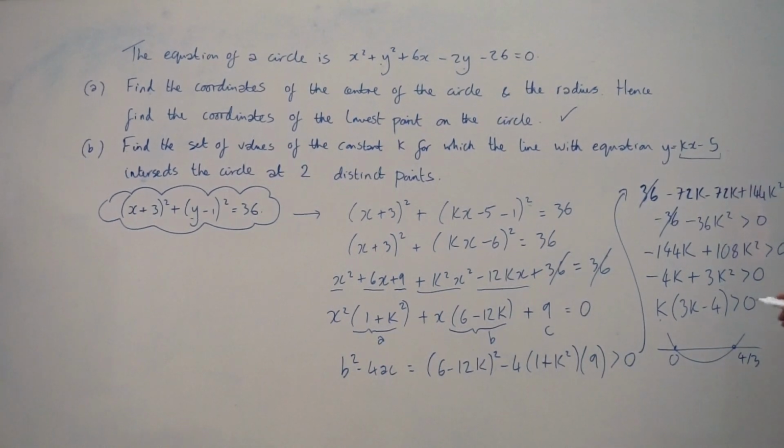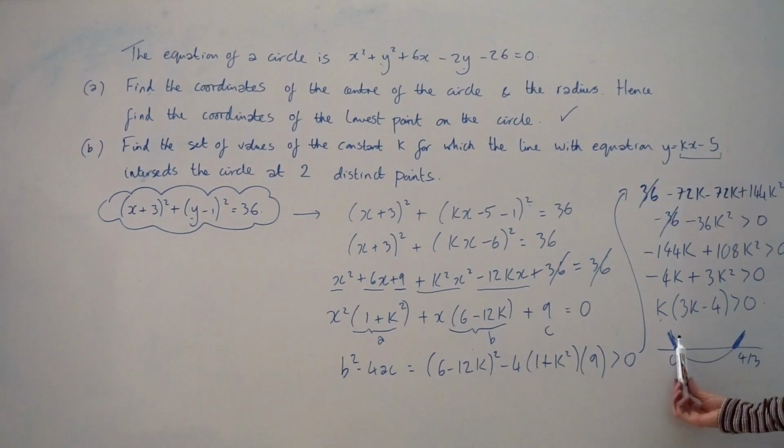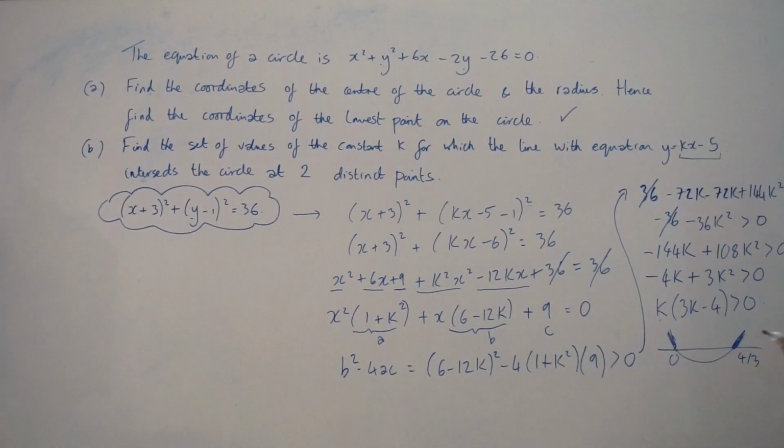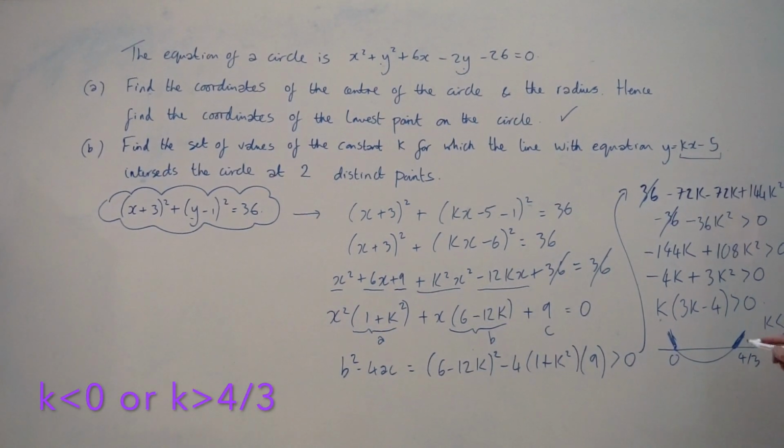And because this quadratic is greater than 0, we're interested in everything above the x-axis, so these parts. So from there, you can see all the values to the left here would be k is smaller than 0, or all the values here to the right of 4/3, so k would be greater than 4/3. So they are the set of values of the constant k.